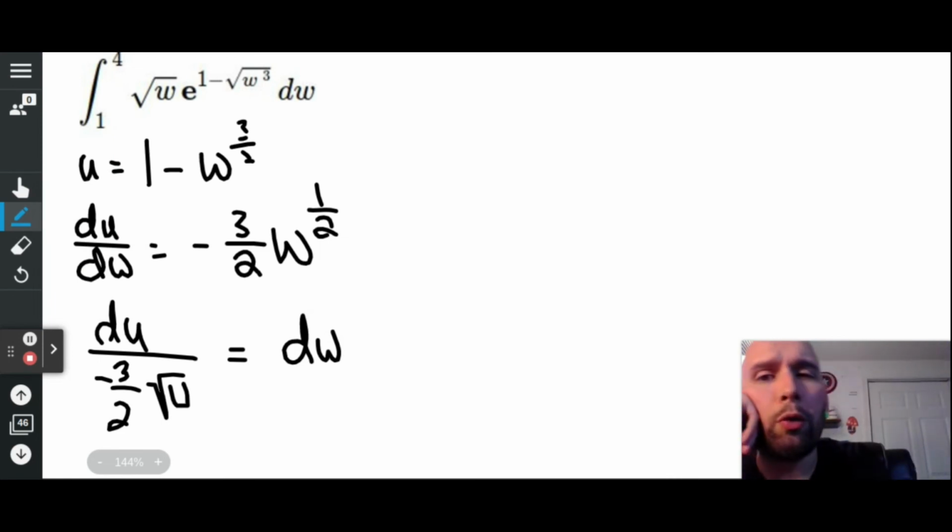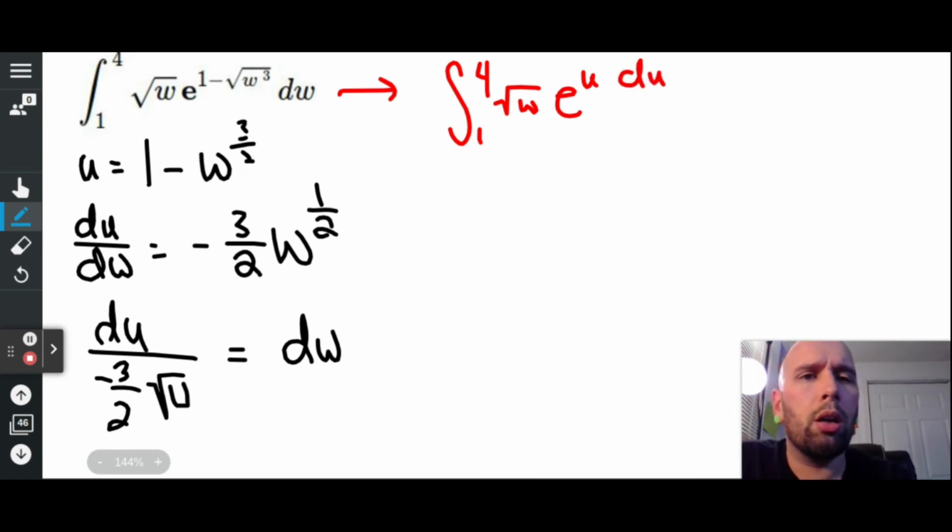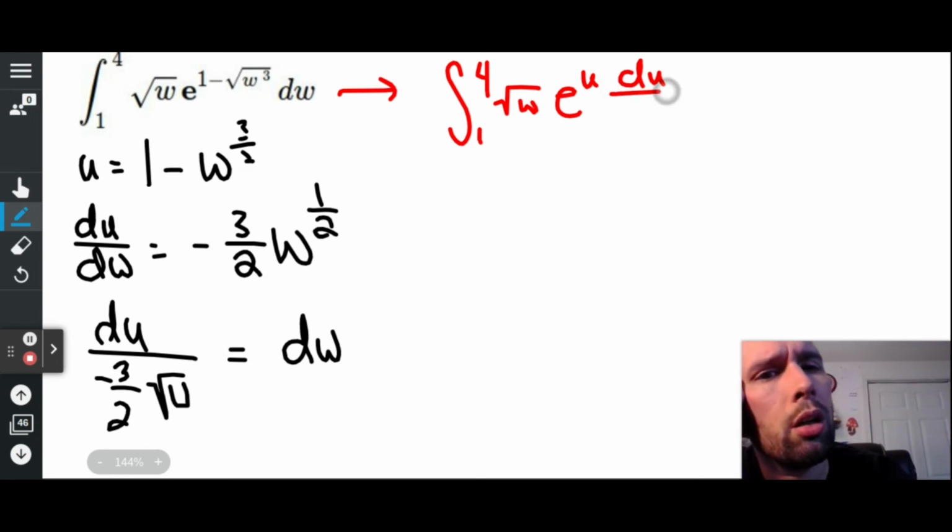So allow me to rewrite this as the integral, upper limit 4, lower limit 1, of the square root of w e to the u du over negative 3 halves square root of w.